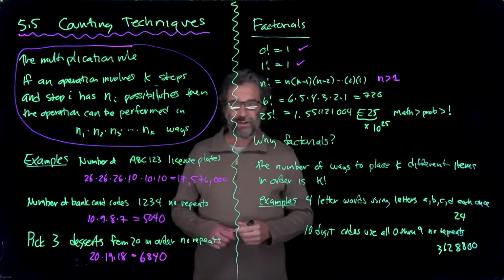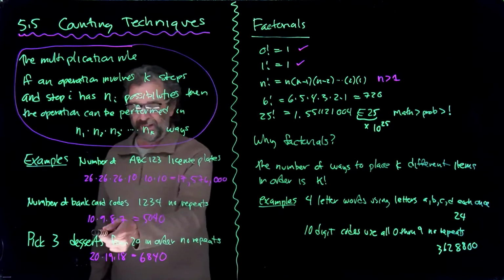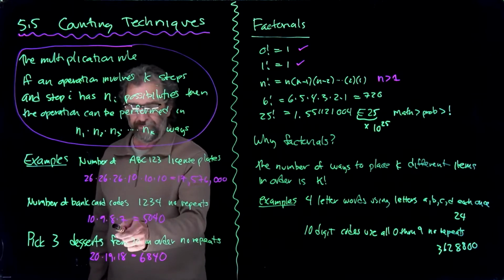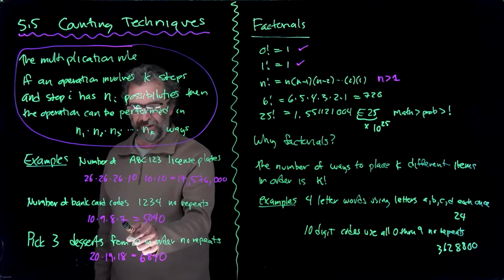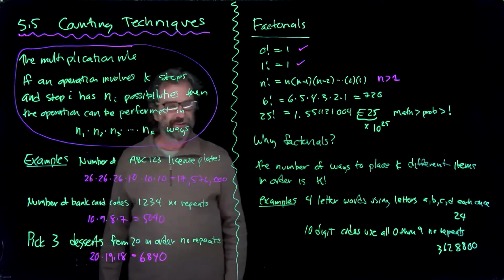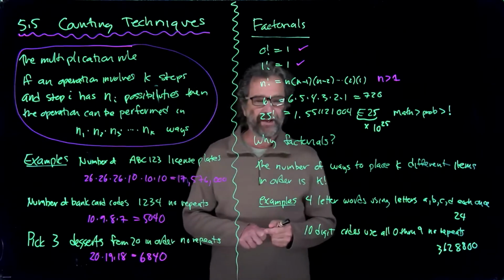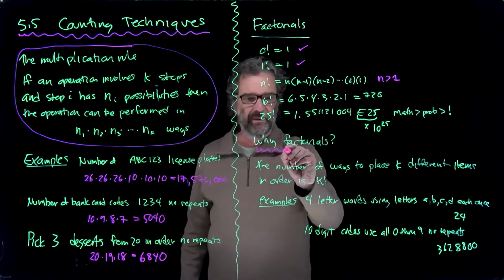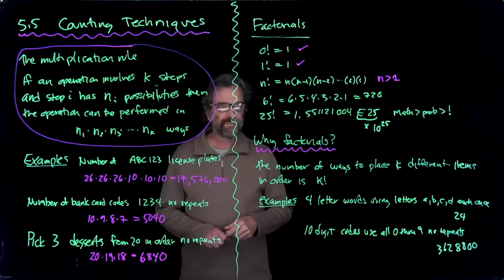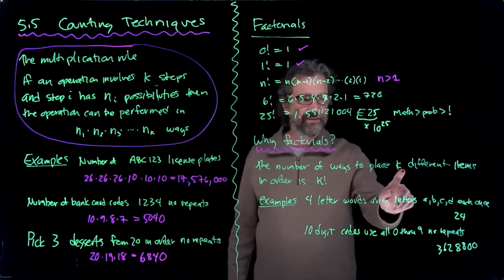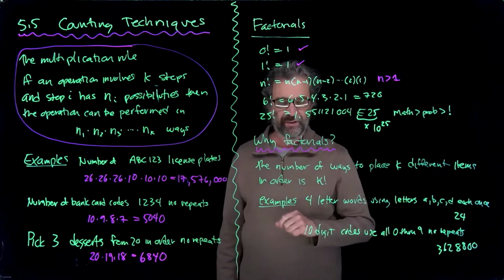So we said a minute ago that factorials show up, at least things that look something like factorials here. You're multiplying numbers less, less, and less, but you're not going all the way down to 1. So we have to find a way to make that happen. We'll do that shortly, but the factorial by itself finds its way into counting in this way. The number of ways to place k different items in order is k factorial.